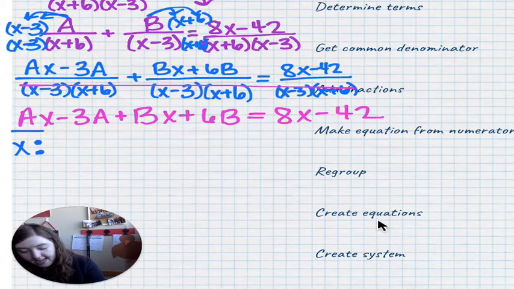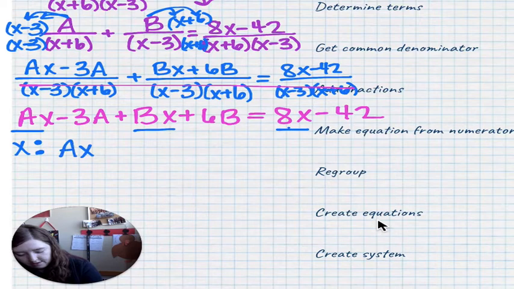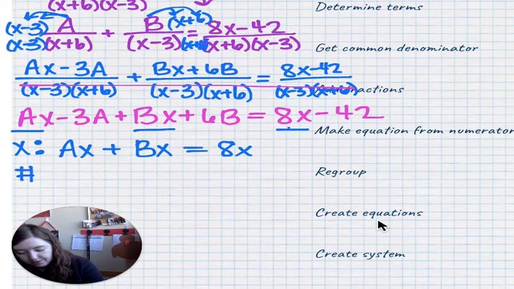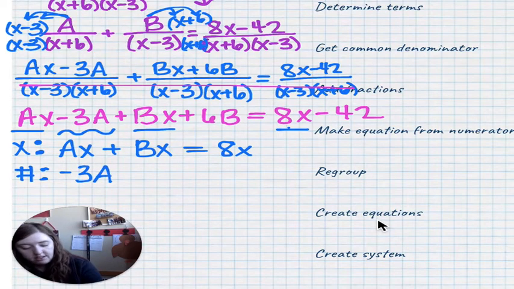I have ax plus bx equals 8x. Then I'll make an equation out of my plain old numbers. I have a negative 3a plus a 6b equals that negative 42.